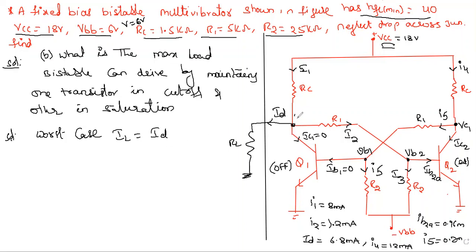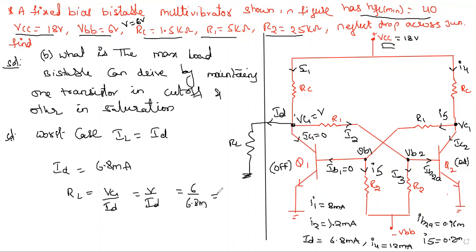The voltage VC1 is equal to 6 volts. The diode current ID we know is 6.8 milliamps. So RL is given by VC1 divided by ID, that is 6 divided by 6.8 milli. So it is approximately 0.88 kilo ohms.